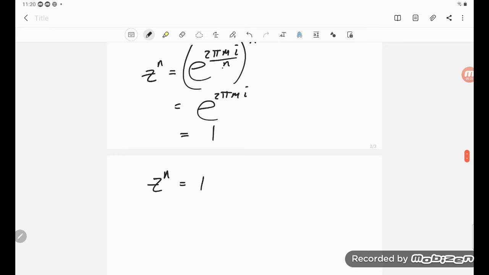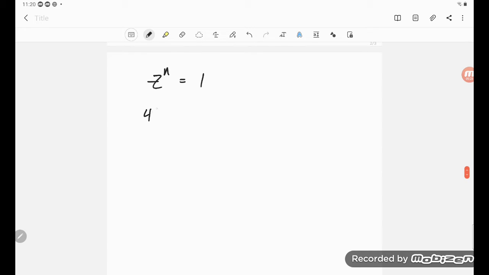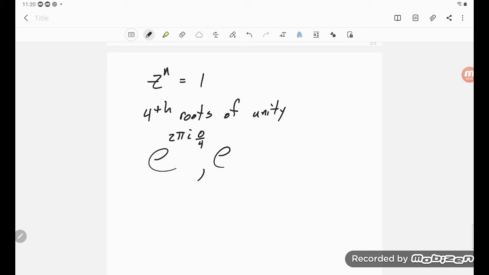And so, if I wanted the fourth roots of unity, they would be e to the 2 pi i 0 over 4, e to the 2 pi i 1 over 4, e to the 2 pi i 2 over 4 and e to the 2 pi i 3 over 4.